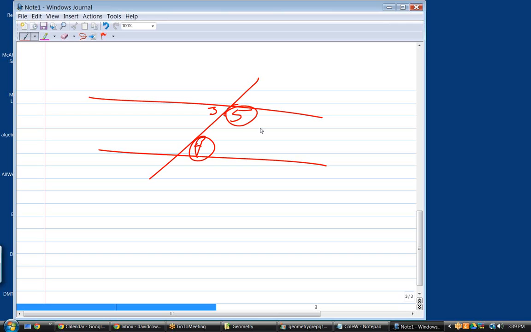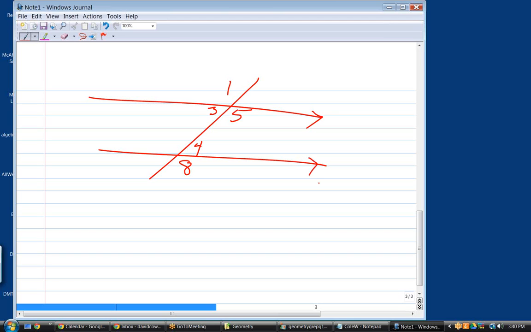And then they give you a 3rd theorem that says that angle 1 equals angle 8, and they call that alternate exterior angles. Exterior because it's outside of the 2 parallel lines.